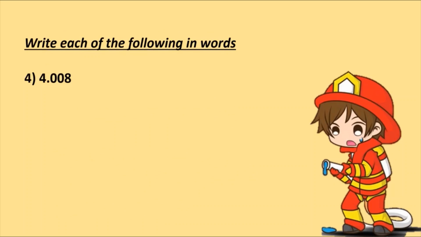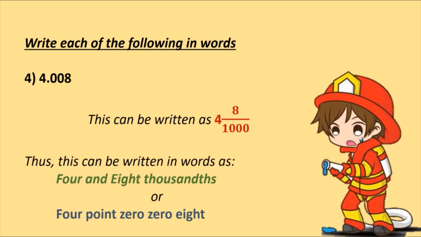Next one, 4.008, which means 4, which is the whole number, and 8 by 1000. So this can be written in words as 4 and 8 thousandths or 4.008.